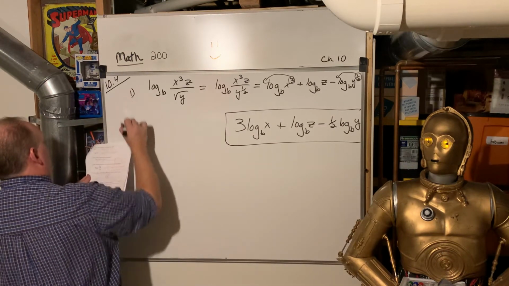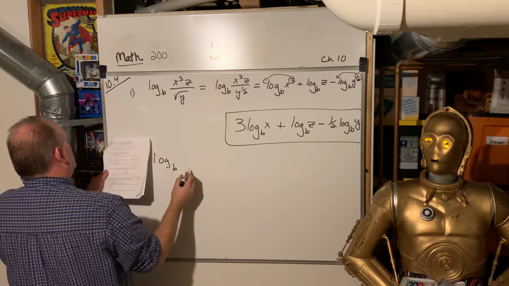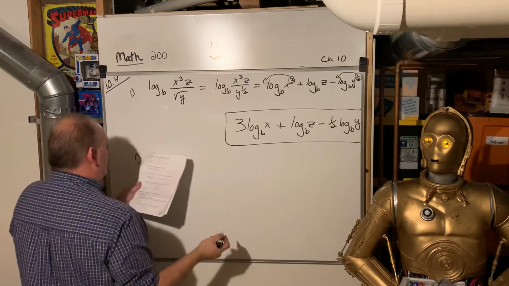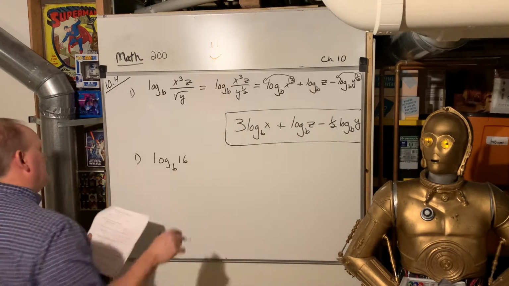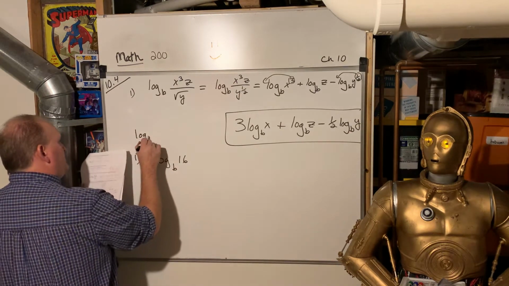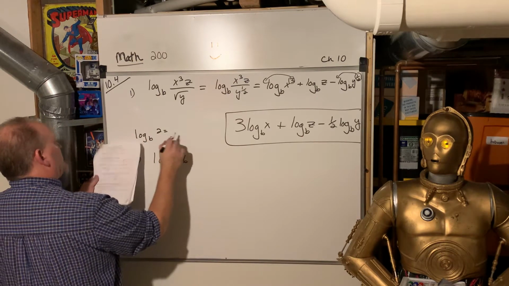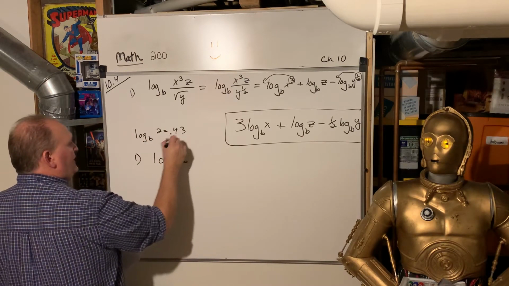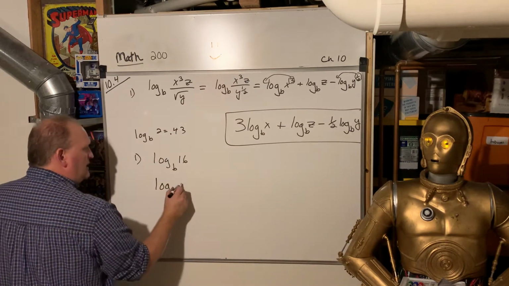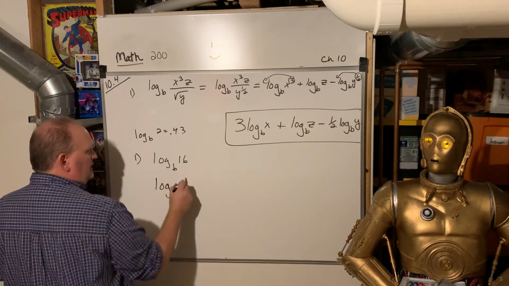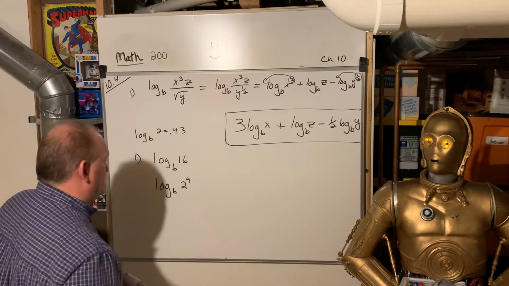All right. That was number 1. And then what about this? Log base b of 16, but they don't want you to use your calculator. They want you to use the fact that log base b of 2 is equal to 0.43. So if I know that, I can write this as log base b of 2 to the fourth power, right? 2 times 2 is 4, times 2 is 8, times 2 is 16.